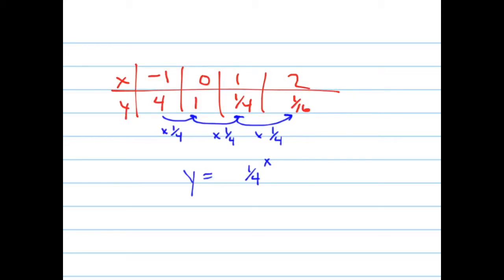And our initial value when x is 0, y is 1. So there's our function. And it's decay because b is between 0 and 1. 1/4 is bigger than 0, but smaller than 1. So that's how we identify and come up with a function for exponential decay based on a table.